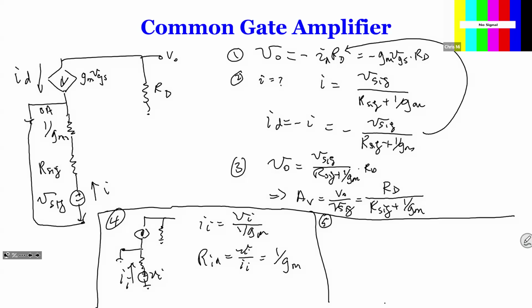So that's the difference. But in the book, it actually confuses. If you read the book, you will find that sometimes it includes RSIG, sometimes it doesn't. Personally, I would prefer that you don't include RSIG, because that is your source, not part of the amplifier. When we talk about output resistance, we are talking about the output resistance of the amplifier. So we should short the whole thing over here, to ground.